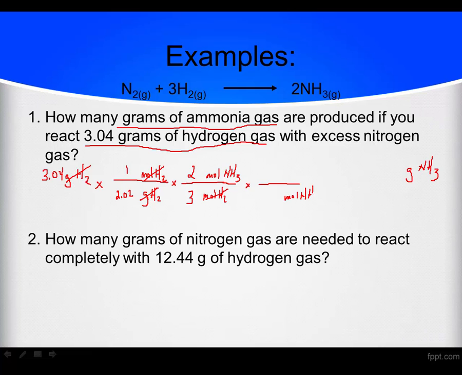And finally, moles of NH3 can be converted to a different set of units. In this case, they want grams. So I know that the molar mass is 1 mole is 17.04, if I'm doing my math right.